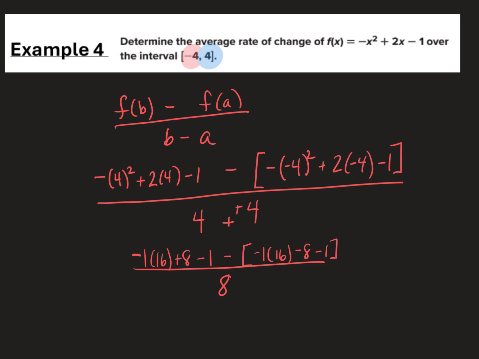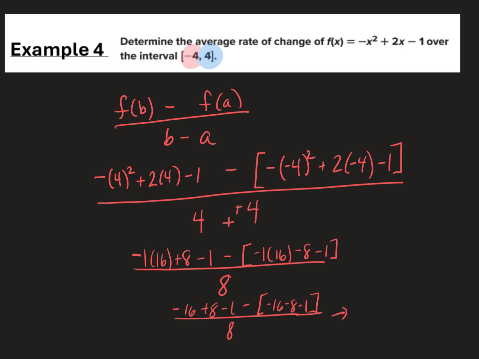I'm going to keep that 8 in the denominator. I'm going to multiply. Negative 1 times 16 is negative 16 plus 8 minus 1. And then I'm going to have minus negative 16 minus 8 minus 1.